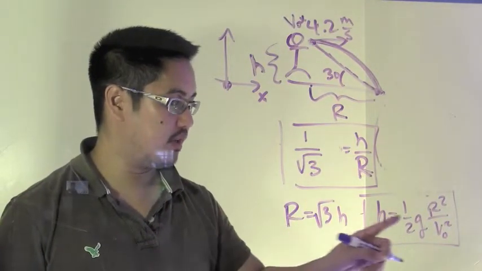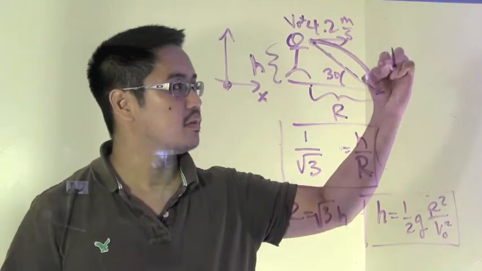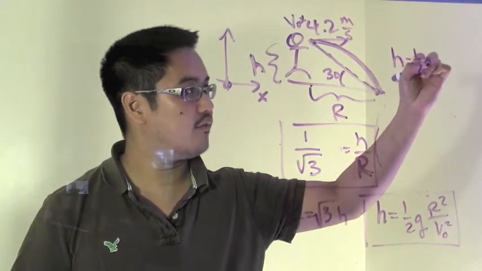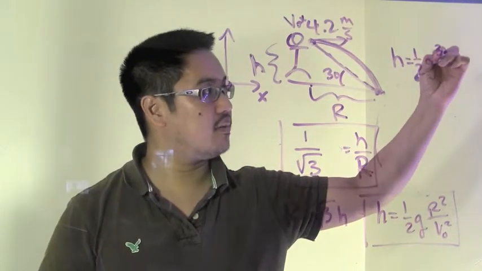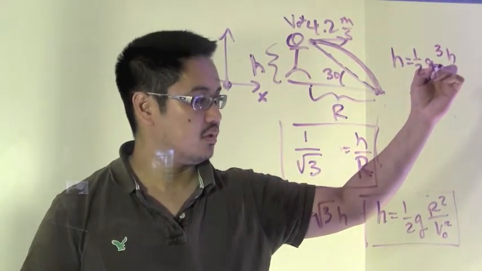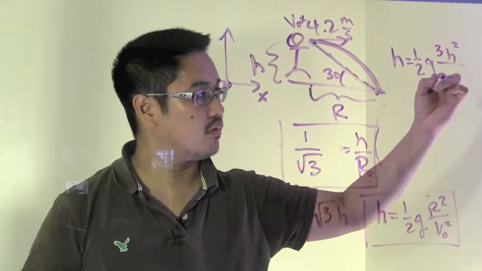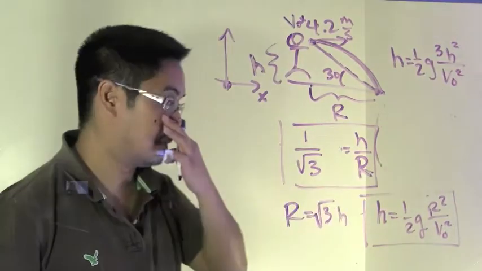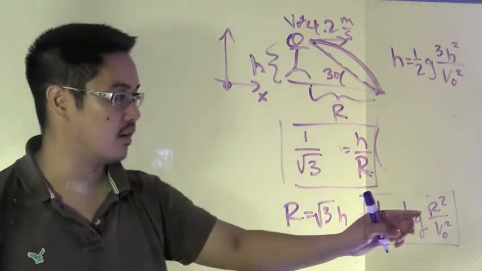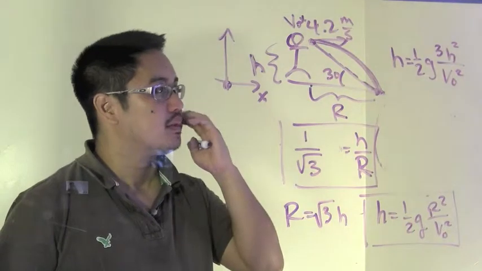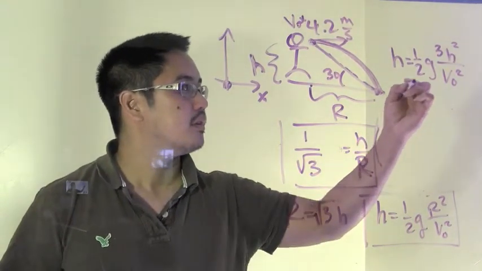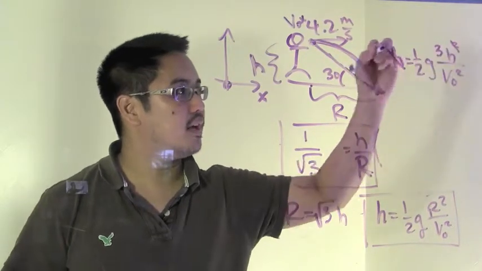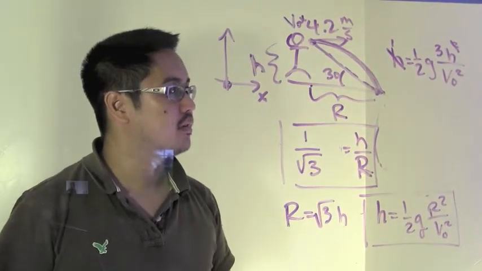I'm going to plug r into here. So I have h equals 1/2 g of 3 times h, squared, over v naught squared. I just substituted that r in there. All right. One of these cancels out with that, so you're left with 1 over there.